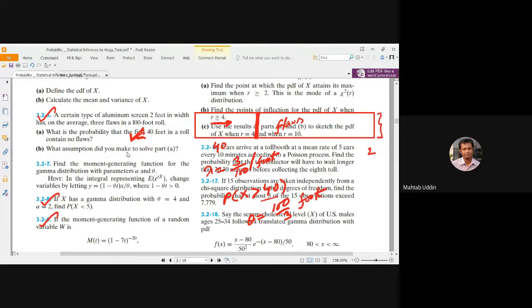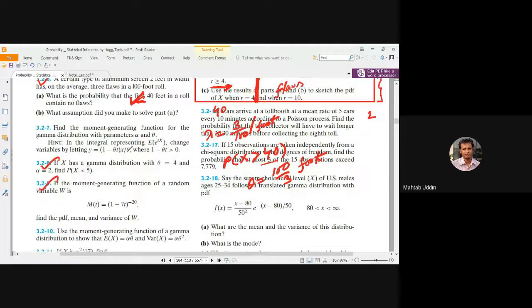Now, number 8. If x has a gamma distribution with theta equal to 4 and alpha equal to 2, find P(x less than 5). Very straightforward question. But for the gamma distribution, no CDF is defined directly. That's why you have to do the work. Remember, theta equal to 4, alpha equal to 2.